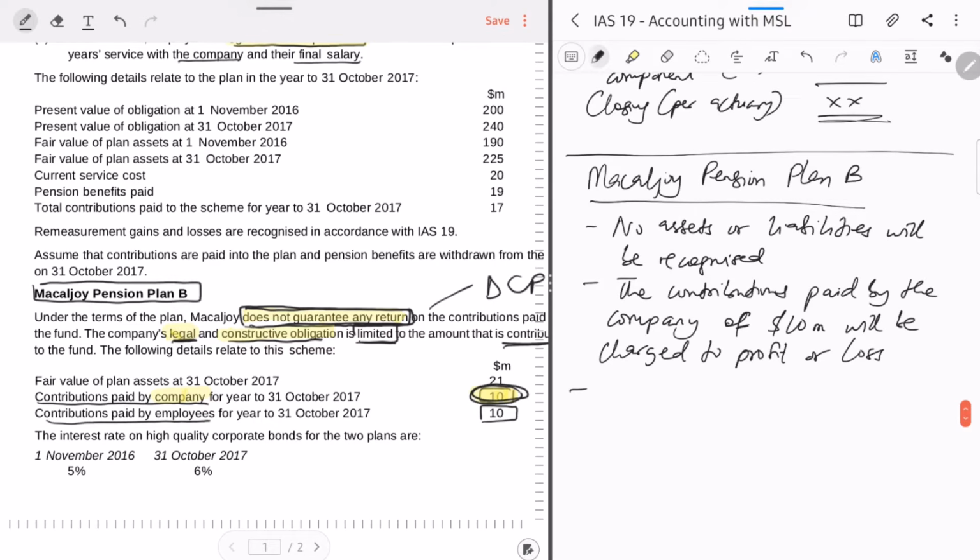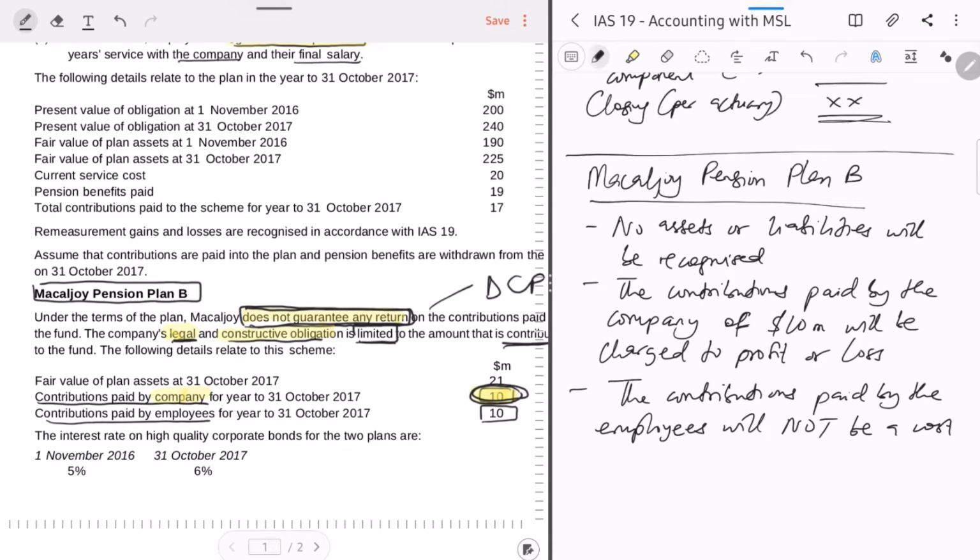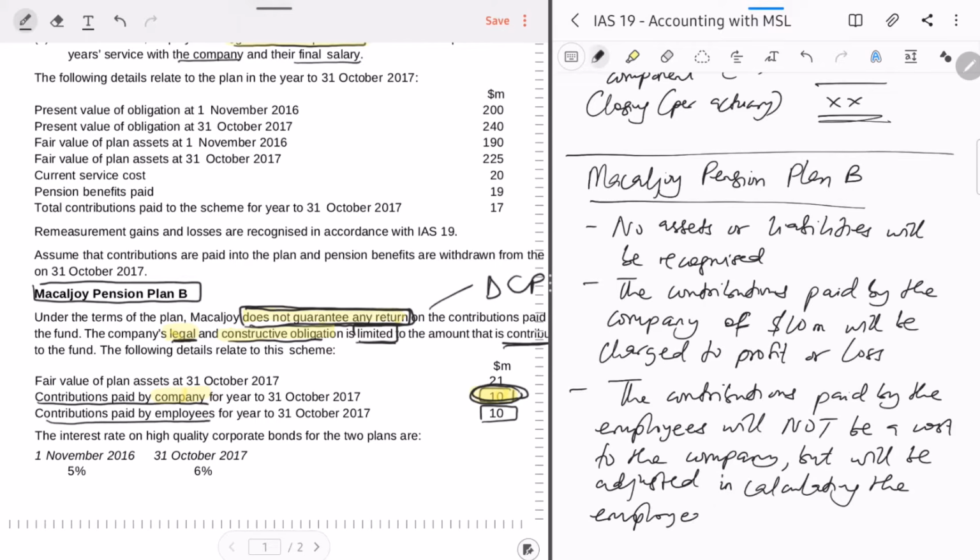Then let's even add this point to show we know our stuff. We say the contributions paid by the employees will not be a cost to the company, but will be adjusted in calculating the employee's net salary, right?